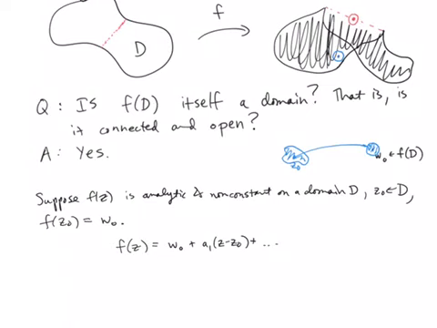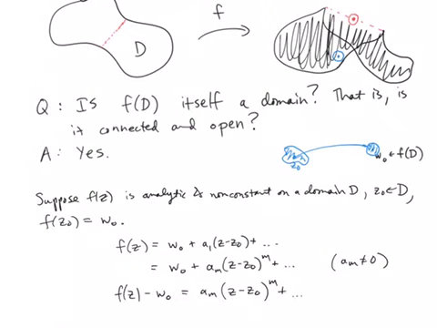If a1 were to happen to be 0, we could discard that one, and we'll just discard all of the terms that are 0 until we hit one that is not 0. So a_m times z minus z naught to the m plus..., where a_m here is not equal to 0. So equivalently, f of z minus w naught, this function, has a 0 of order m at z naught.